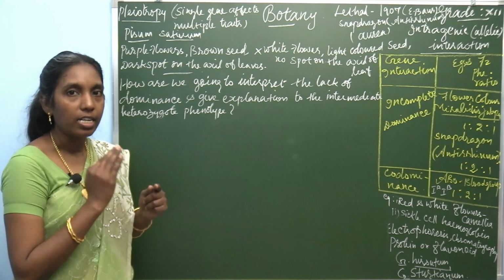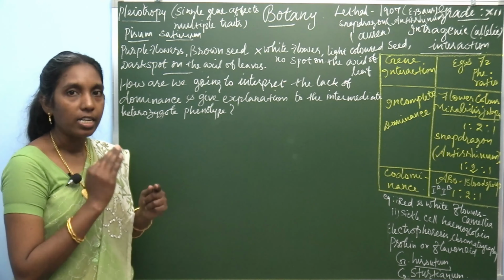But in incomplete dominance, as the name indicates, only 50% will express, so it does not give red. What's the reason? That is what we are going to learn. How are we going to interpret the lack of dominance and give an explanation for the intermediate heterozygote phenotype?